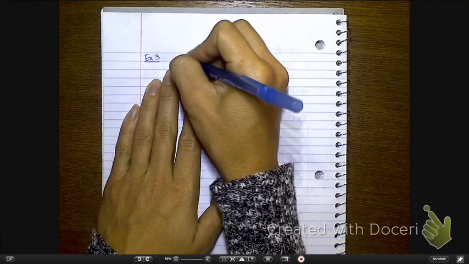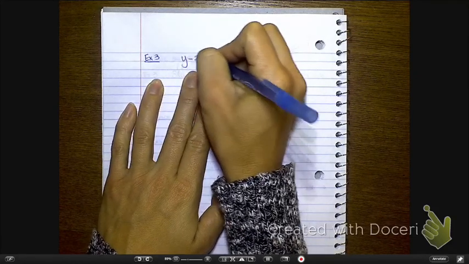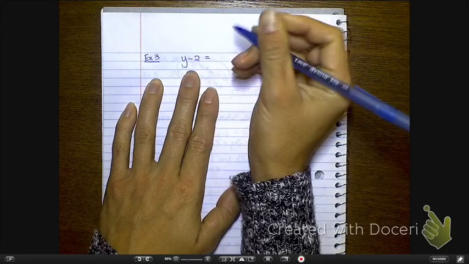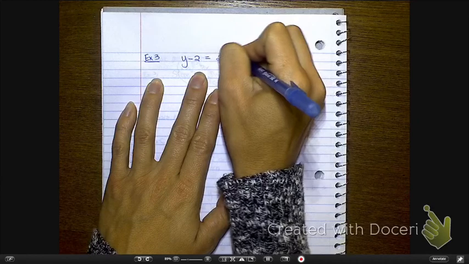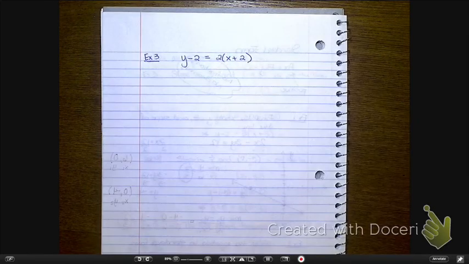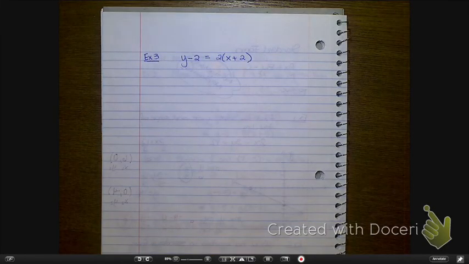We're going to write this equation into standard form. Okay, so take a look at this equation. What form is this equation written in right now? Yeah, point slope. That's what you guys just learned about on Tuesday, right?